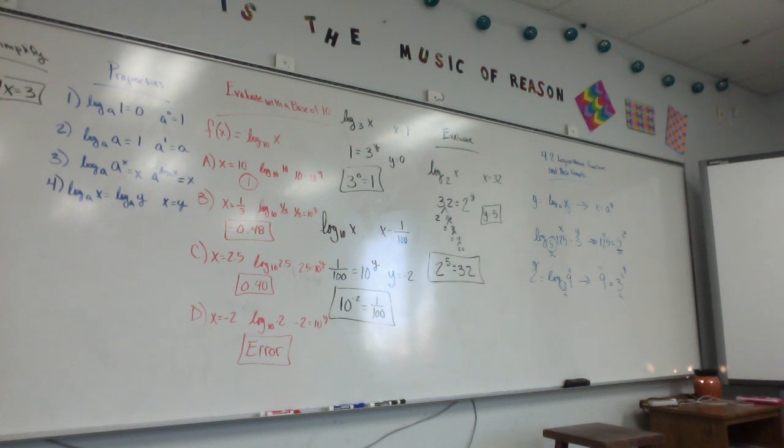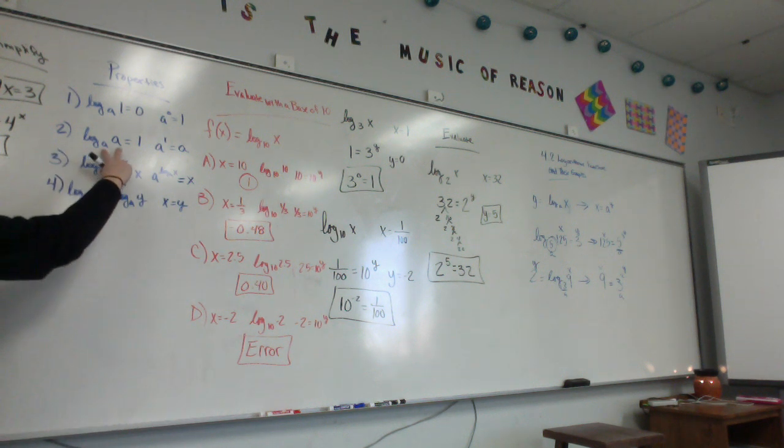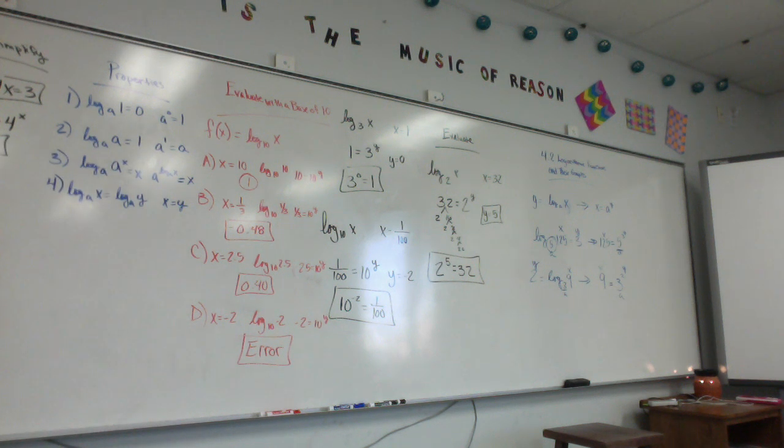How can I rewrite this? 4 to the x equals 4. You're used to the y and x being in different spots. But yes, the x would be what goes here this time. So 4 to what power gives me 4? 1. So x equals 1. Okay? It's the same as this rule right here. If these two things are the same, this should always equal 1. It's property number 2.